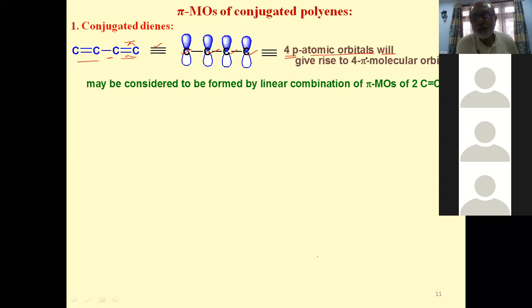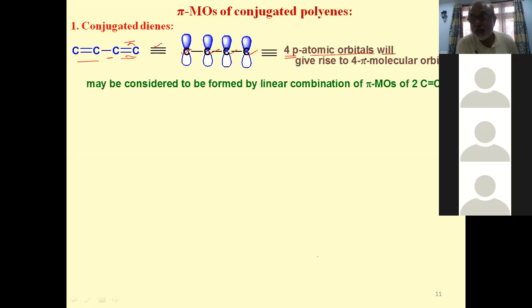Atomic orbitals combine to give an equivalent number of molecular orbitals. So if 2 atomic orbitals combine, we get 2 molecular orbitals. 4 atomic orbitals combined, we get 4 molecular orbitals.